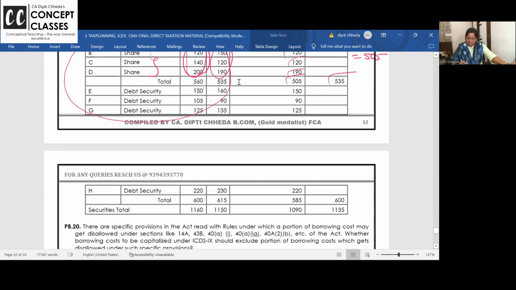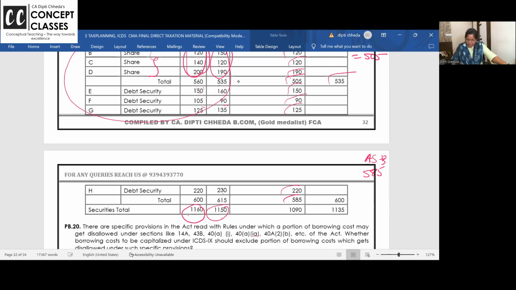Let us see the debt one. Cost or NRV, whichever is lower: 125 is lower, 220, so 585 according to the AS. But now, for the whole debt category, whichever is lower of cost and NRV, which one will you take?